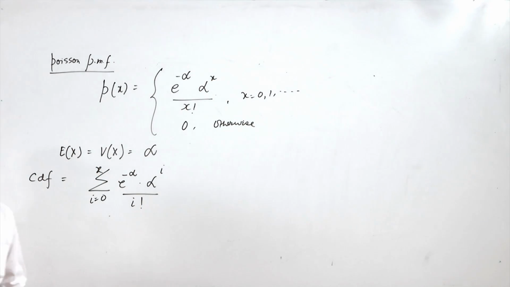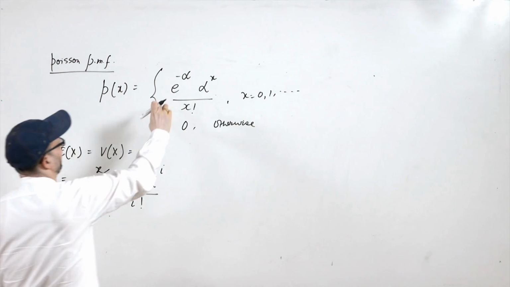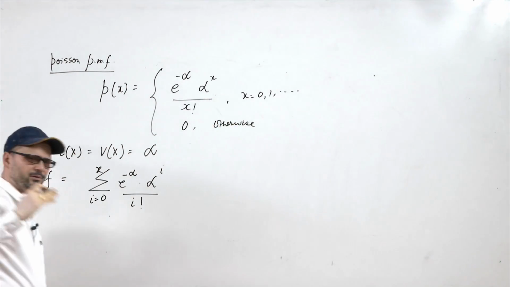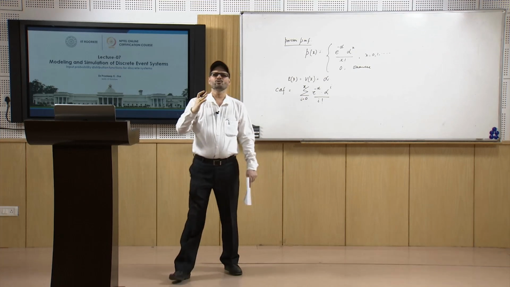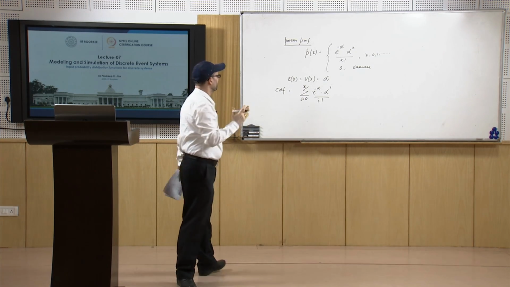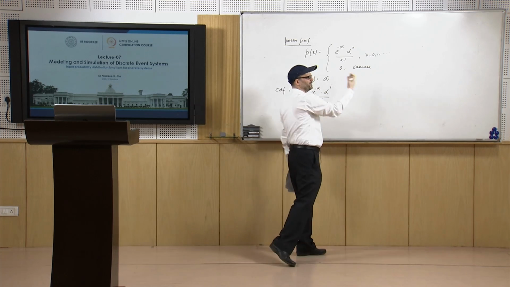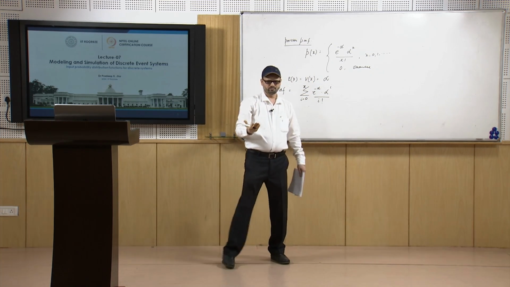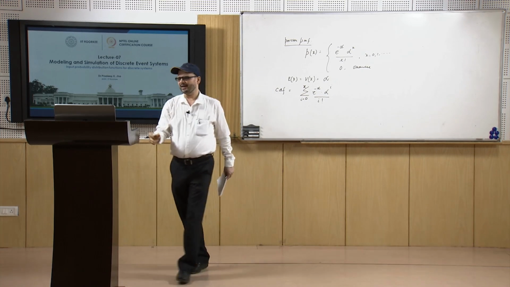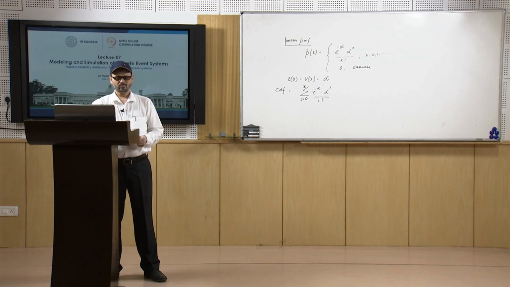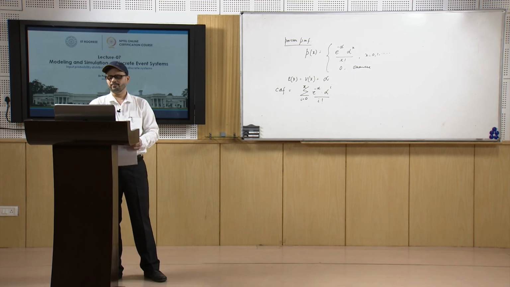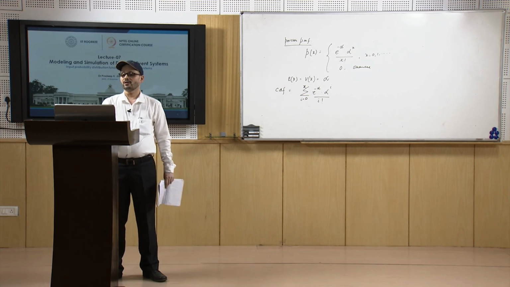So, one mean should be defined, and then you can find the probability if you want to predict the probability of having more than the mean or less than the mean. So, this way you can get the probability mass function and the cumulative distribution function.